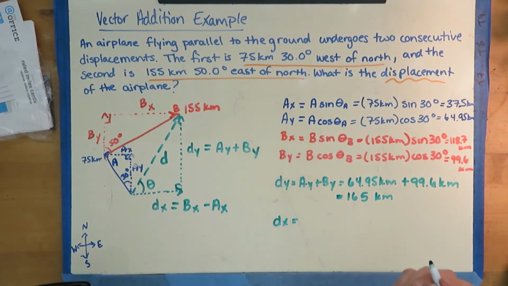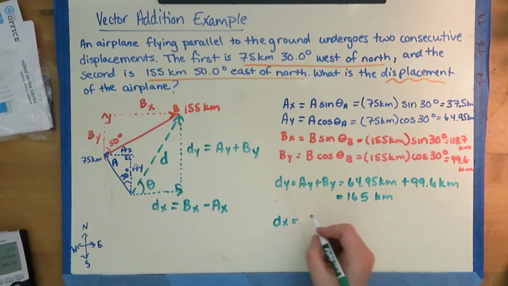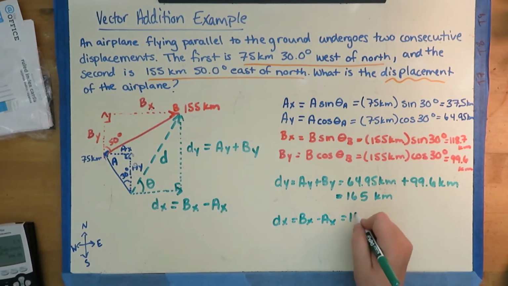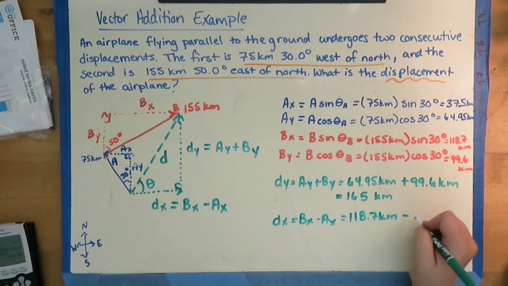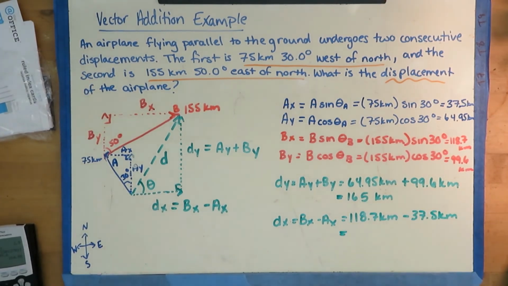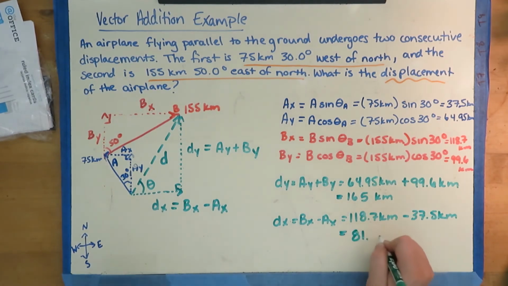dx is going to be BX minus AX. BX is 118.7 kilometers minus 37.5 kilometers. So we are going to get 81.2 kilometers to 3 sig figs.